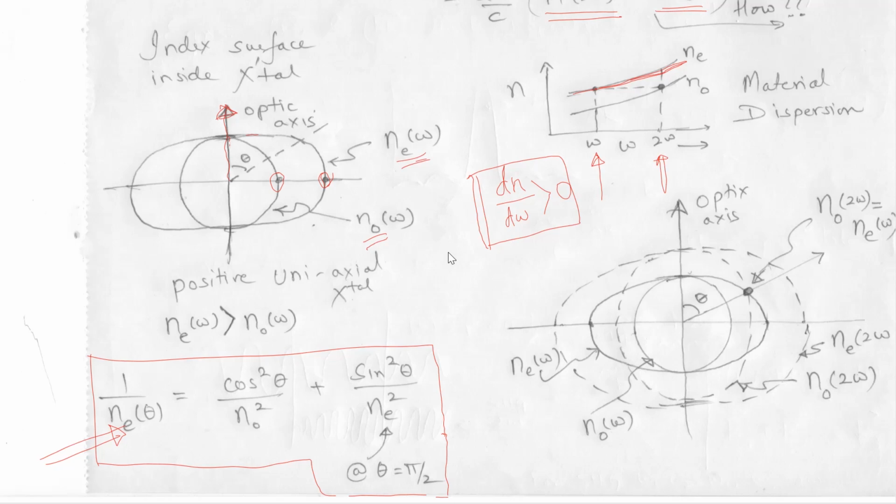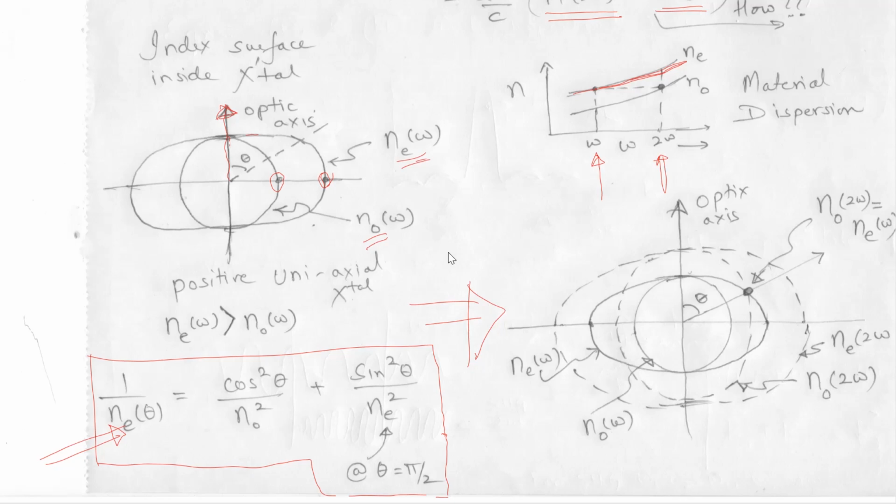I'm coming back to this figure on the right hand side of your screen at the bottom. What we have done is plotted this index surface at two different frequencies, one at omega and the other at 2 omega. The solid black lines indicate the index surfaces for the field at omega. So this is precisely what we had plotted earlier.